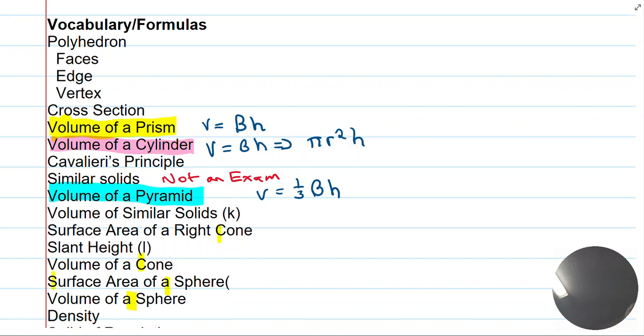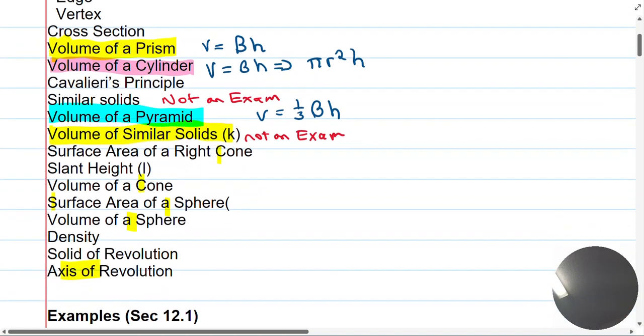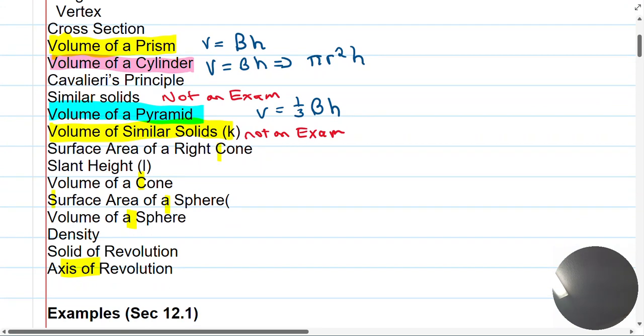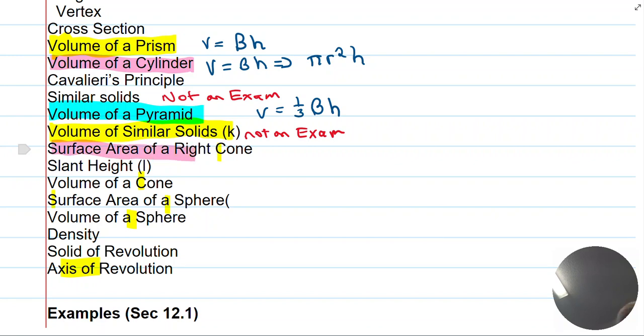Thank you very much. Now we're talking about the volume of similar solids, not on the exam. Again, that one you can cross out, so you don't have to worry about that because we're not doing proportional analysis on this one. We're just doing concrete information. But this one is the one you're going to have: surface area of a right cone.